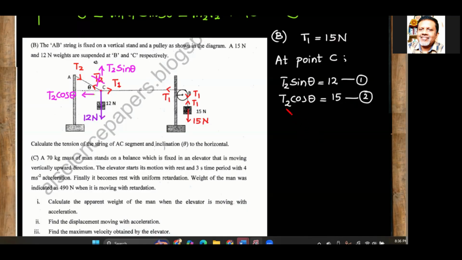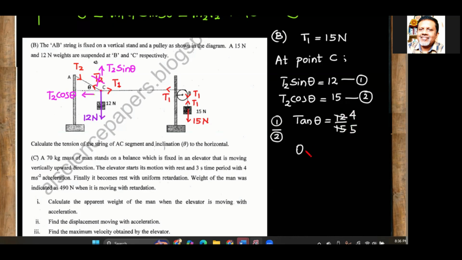And if you divide these two, 1 divided by 2, we can find sin theta divided by cos theta, that is equal to tan theta. And it is equal to 12 divided by 15. If we divide this by 3, it is 4 divided by 5.